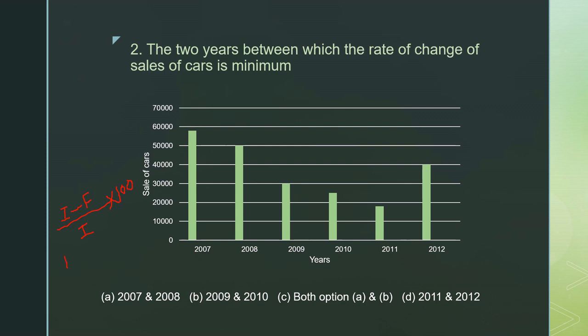We have to follow this method: final value minus initial value divided by initial value into 100.